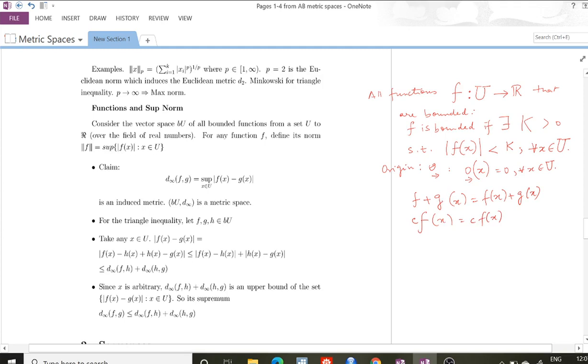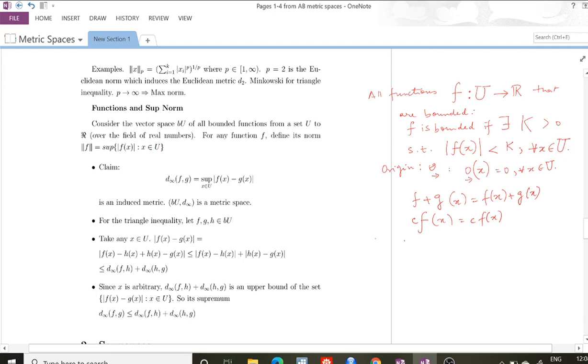So in this vector space, consider the following. It's claimed that the following is a norm. That is, for any function f, the norm of f is the sup, or the supremum, over all the absolute values of f of x as x varies over U. Okay?